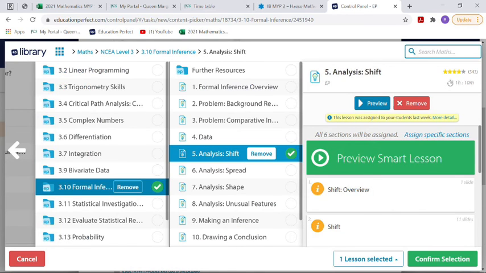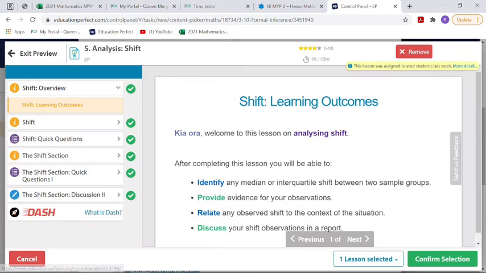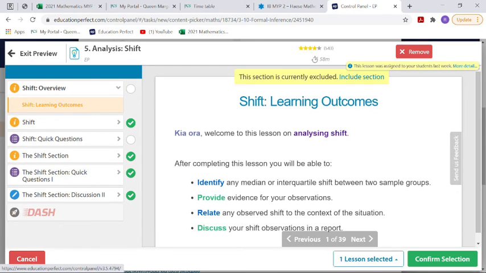Now, I'm not going to assign the information parts. I'm only going to assign the parts where there's work for you to do, the drop-down ones that we looked at a few of. So if you want to look at the information sections, you're going to have to just go back and look. Okay?